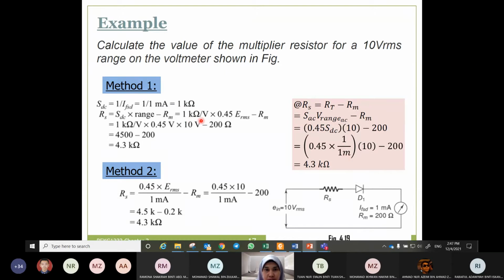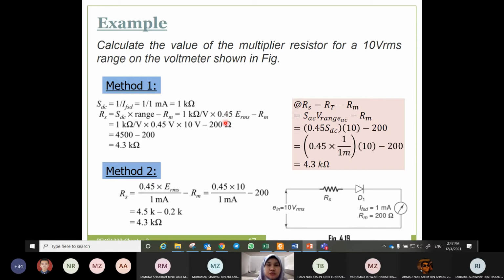We get 1K. Okay, so SDC here, multiply with V range. Okay, 10 V here is AC, so we cannot directly use this 10 volt. We should convert this AC to DC. How to convert VAC to VDC for half-wave rectification?